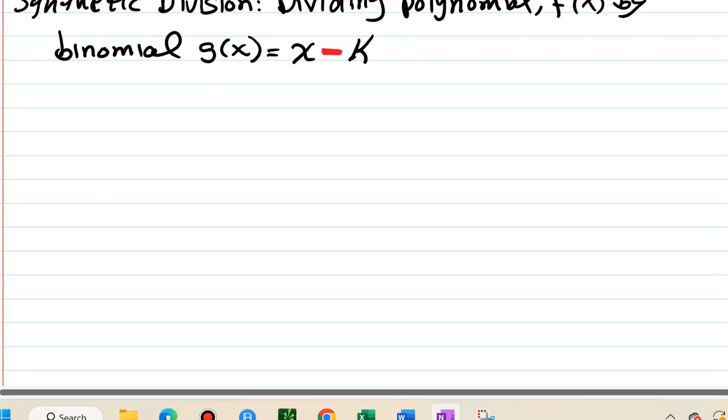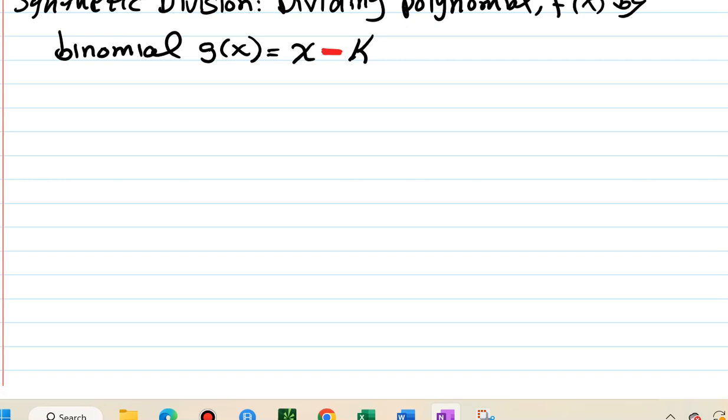The whole process is a lengthy process that I could draw an analogy to the process of long division with numbers, going through a whole page, and it will take about 10 or 15 minutes. But I just want to show you the synthetic division algorithm or procedure through an example, without going through the details of why it works.